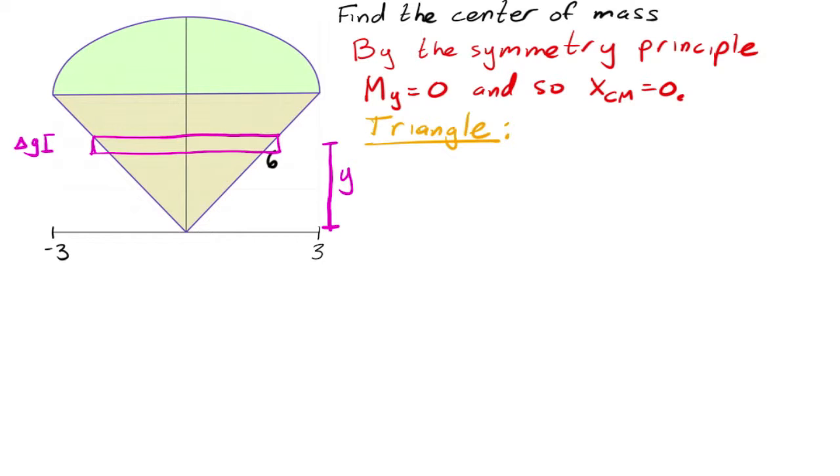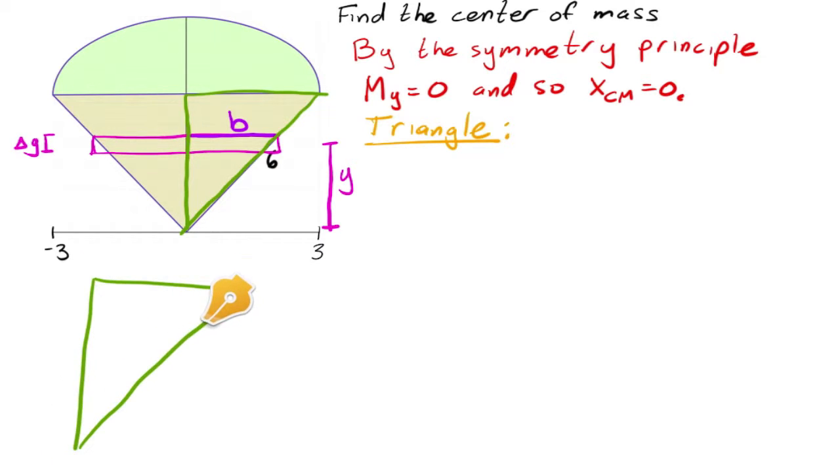So to find that, I need to figure out the length of the rectangle. So I'm going to call this just b. Okay, and then I'm going to use similar triangles to figure out an expression for b. So let me redraw this down here, and let me fill in what I know.